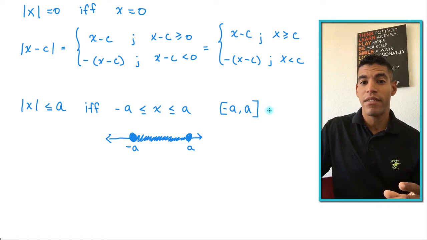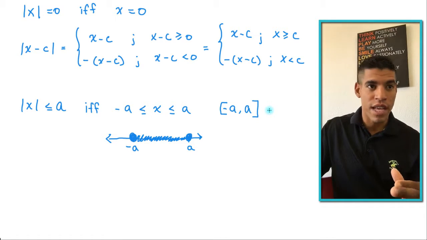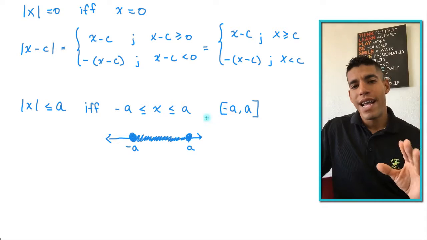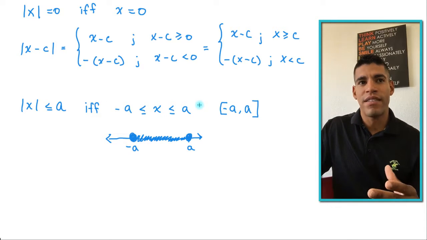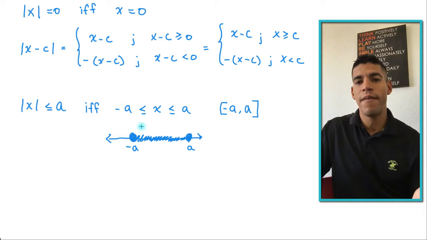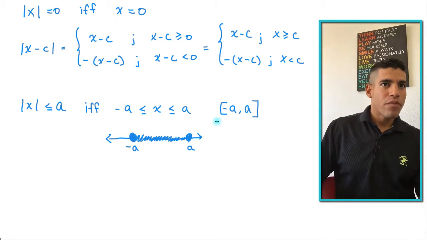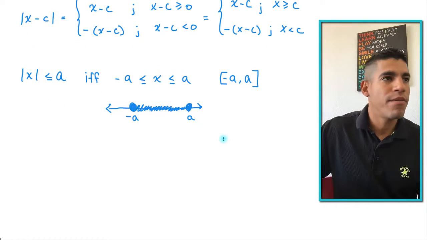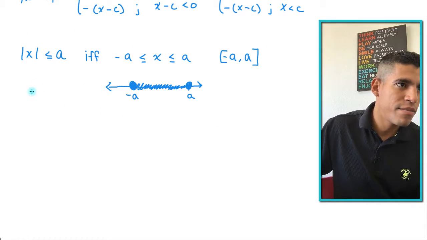is the same thing. This, this, this. Now, slightly not the same thing because this is a set, this is a logic statement, but they represent the same thing. Okay? So now, how about less than a? Absolute value of x less than a.